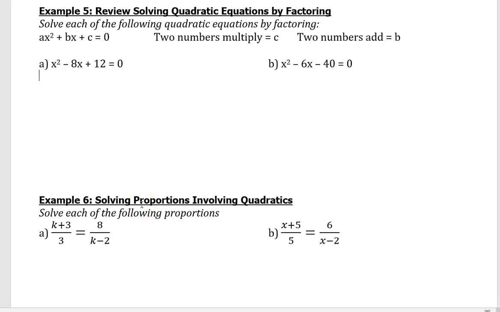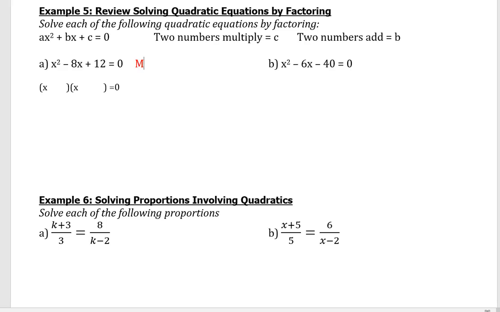Alright, so in this question I've got x squared minus 8x plus 12. What your factors are going to look like, you'll have x and then x, something like this. And you've got to fill these factors out. Like if I FOILed this back, I'd get x times x, I'd get x squared. Now, all I have to do to fill in for this particular question, I'm going to grab a different color.